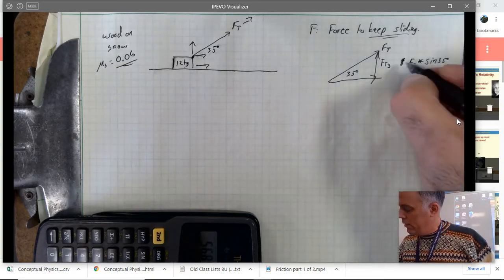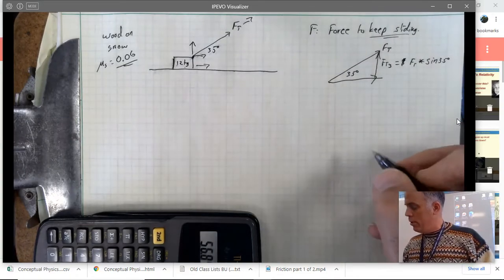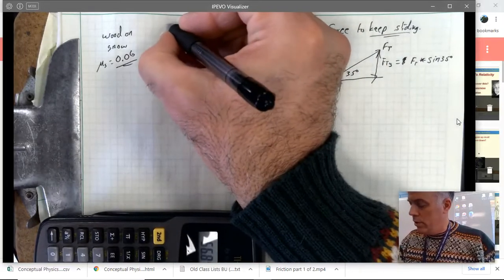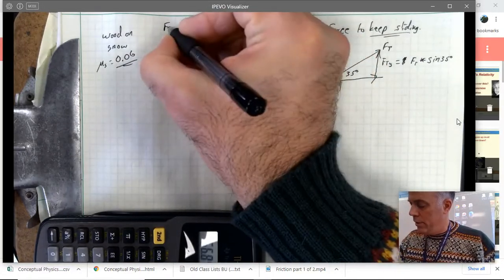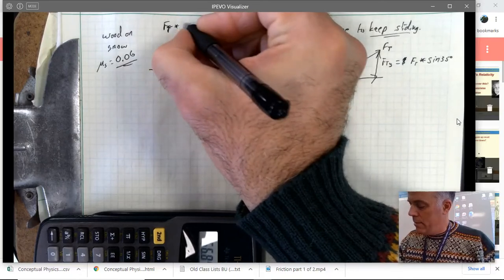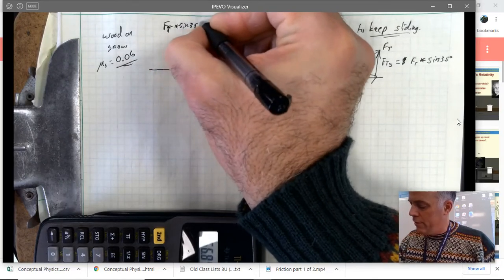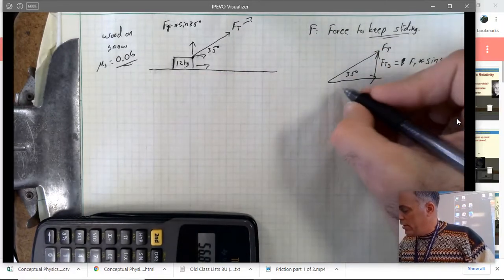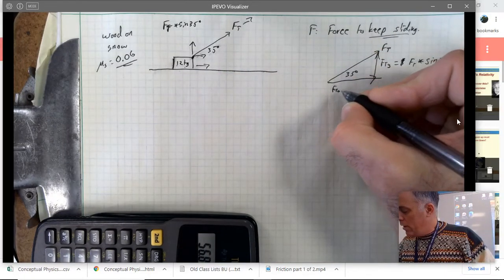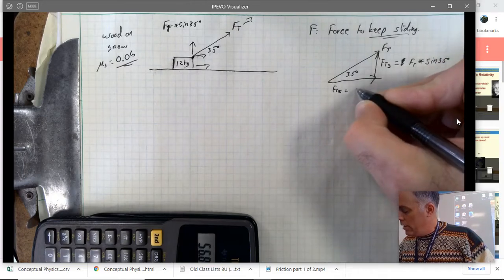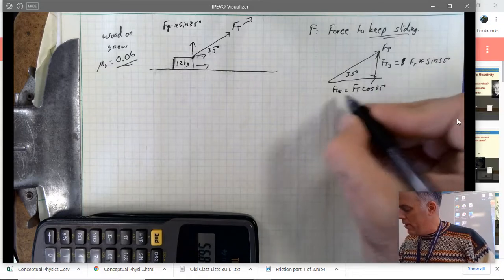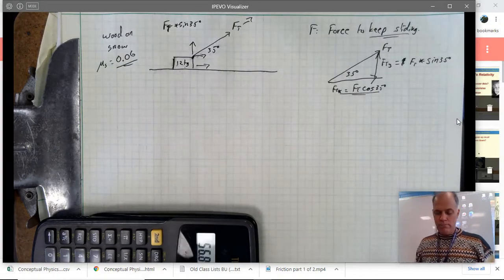Yep, and that will be the vertical component. Okay, so this vertical component is equal to whatever the tension in the rope is times the sine of 35 degrees. Meanwhile, the horizontal component, we'll need this later, Ftx is equal to Ft times the cosine of 35 degrees. Okay, we'll need that a little bit later.